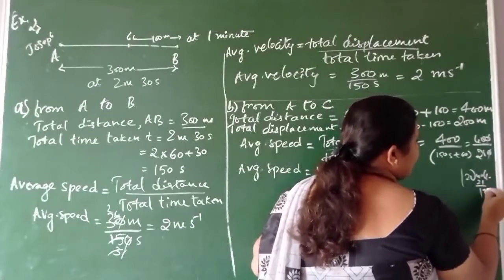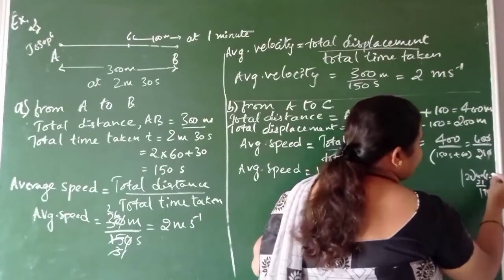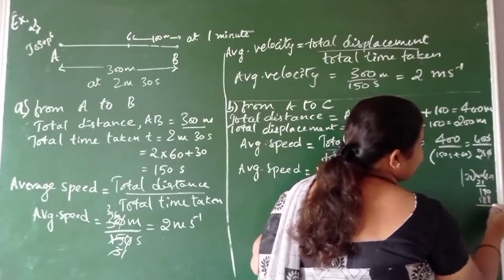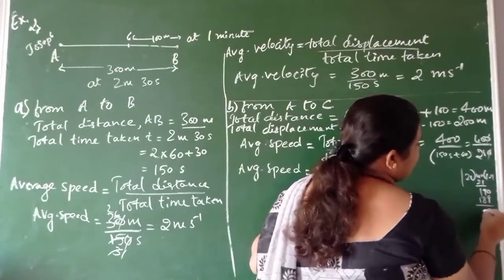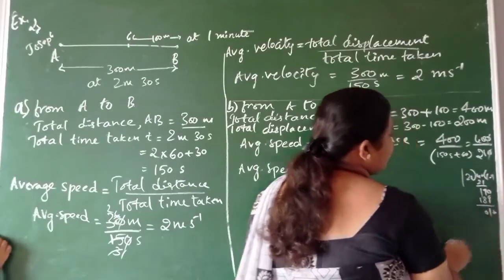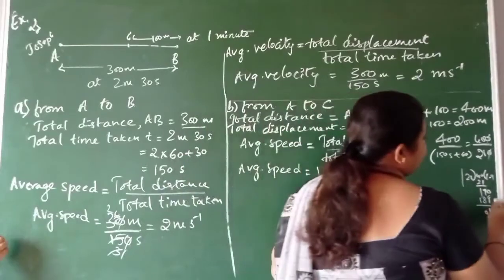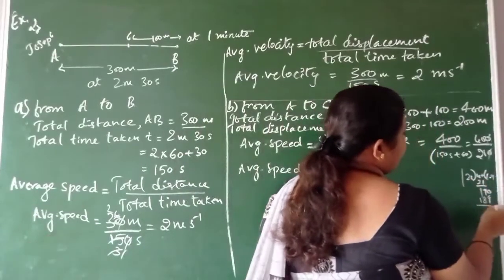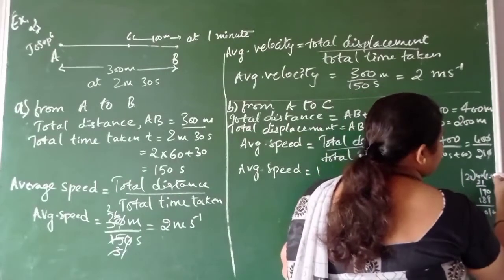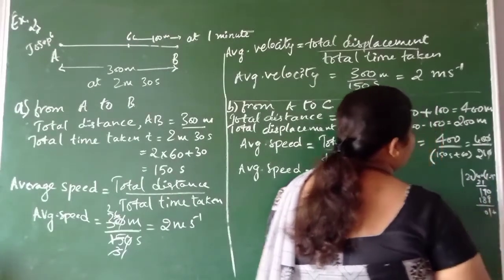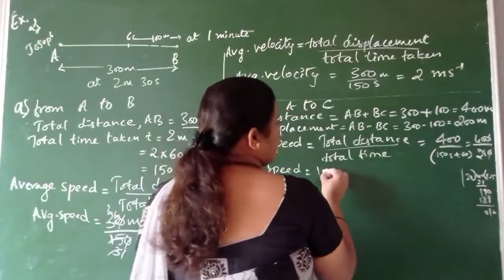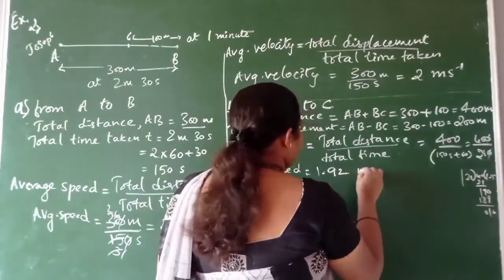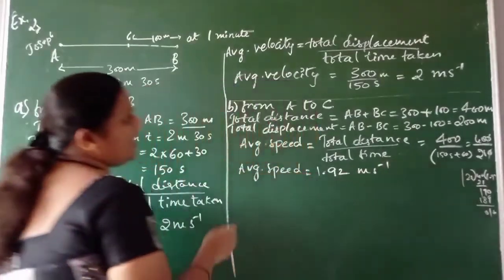Let us take the decimal point, then 21 9s are 189, and so on, the decimal recurs. So it comes to 1.92 meter per second.